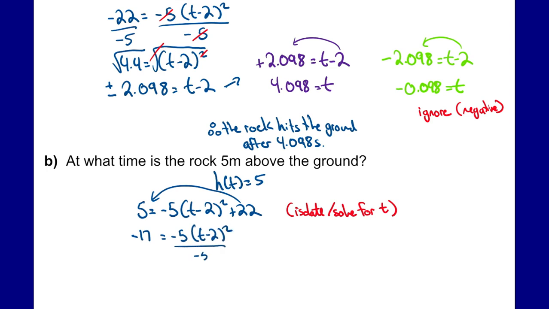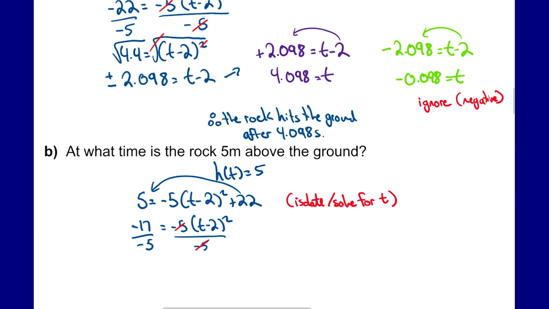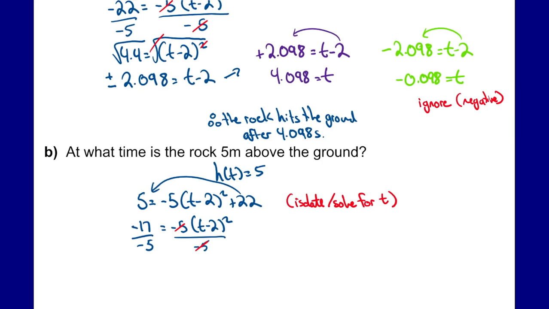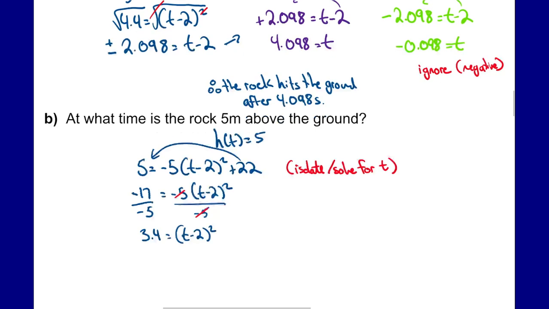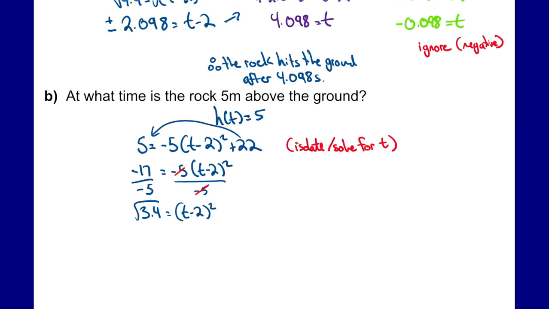Divide both sides by negative 5. One side will cancel out. If I divide negative 17 by negative 5, I get 3.4, which is equal to (t - 2)². I need to square root both sides to cancel out the square of the t - 2.